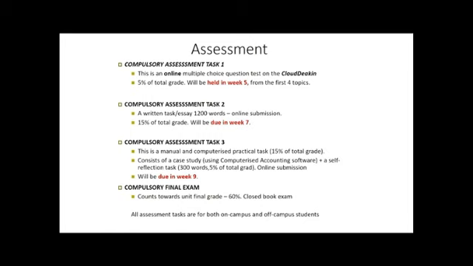The second assessment task is a 1,200 words essay. We do have a lot of material on this essay. This time is about integrated reporting. I provide you an example of journal articles which you can start with.